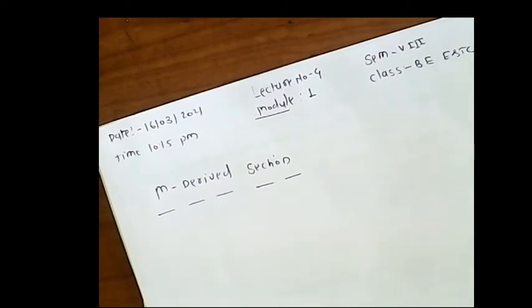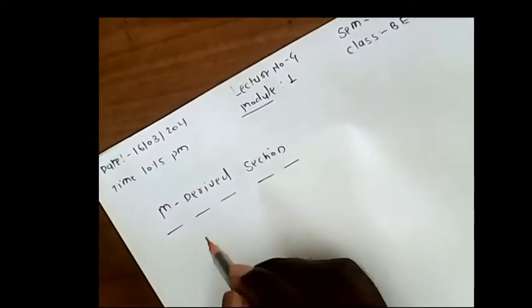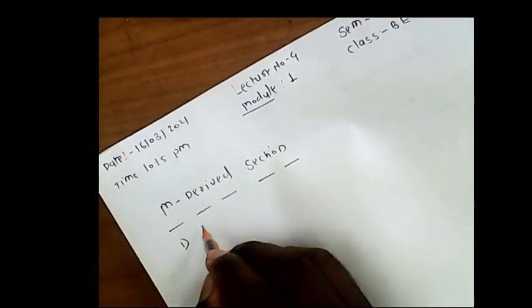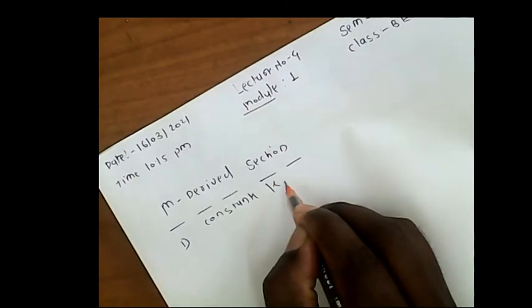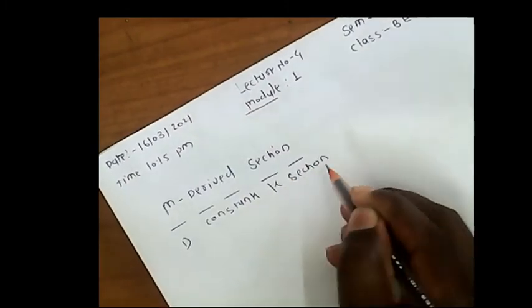So we already know that the two port networks are defined in two sections. One is a pi section and the second one is a T section. So constant K filter sections suffer from two drawbacks. What are the two main drawbacks of this constant K section filter?